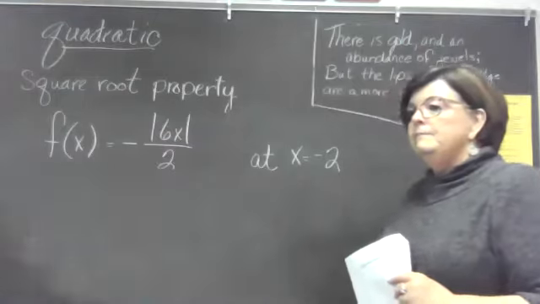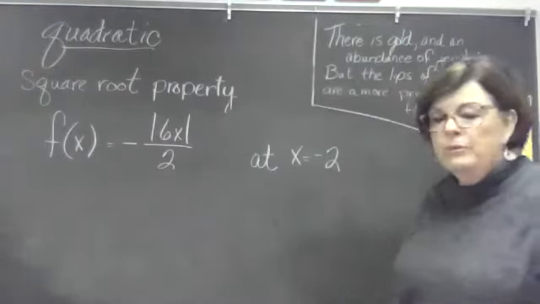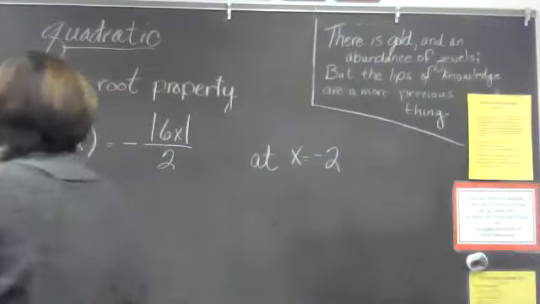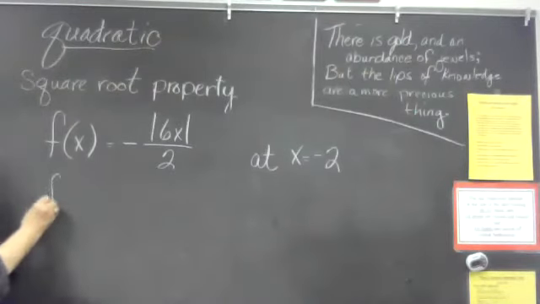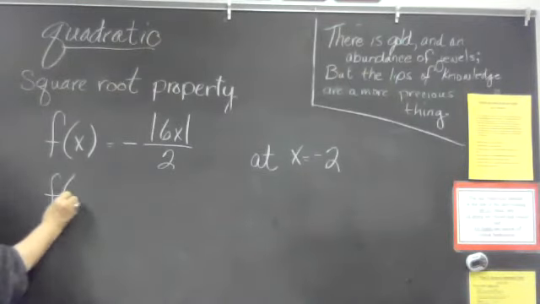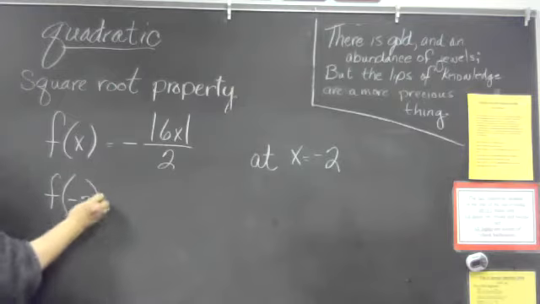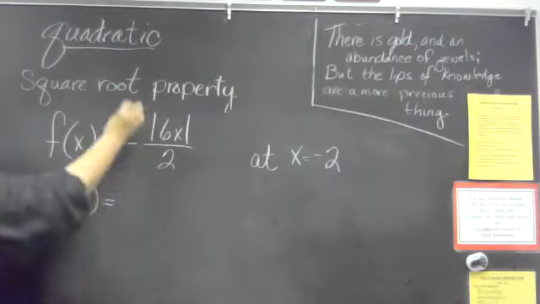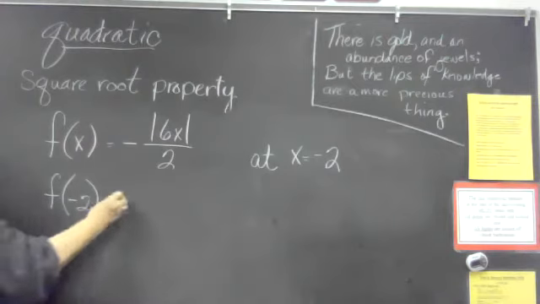So what we're going to do is we're going to say, okay, I'm going to use rule F, but I'm going to plug in a negative 2 everywhere there's an x. So I'm going to copy this whole thing down just the way it is.